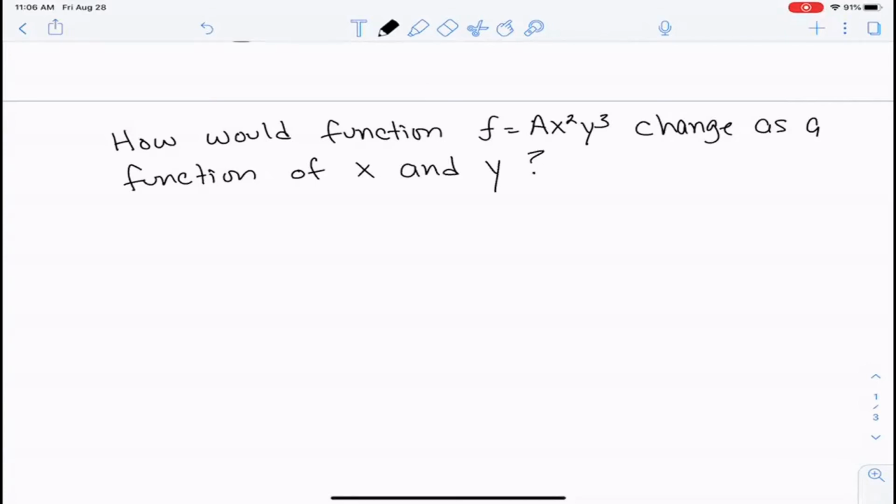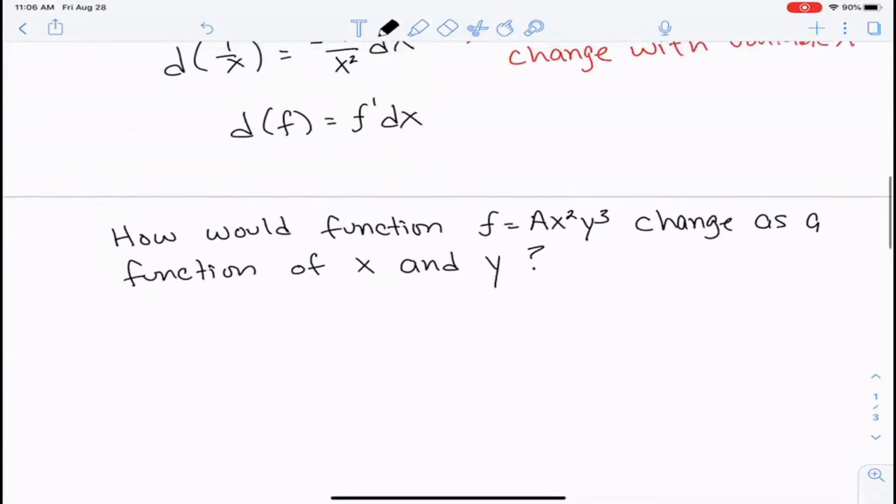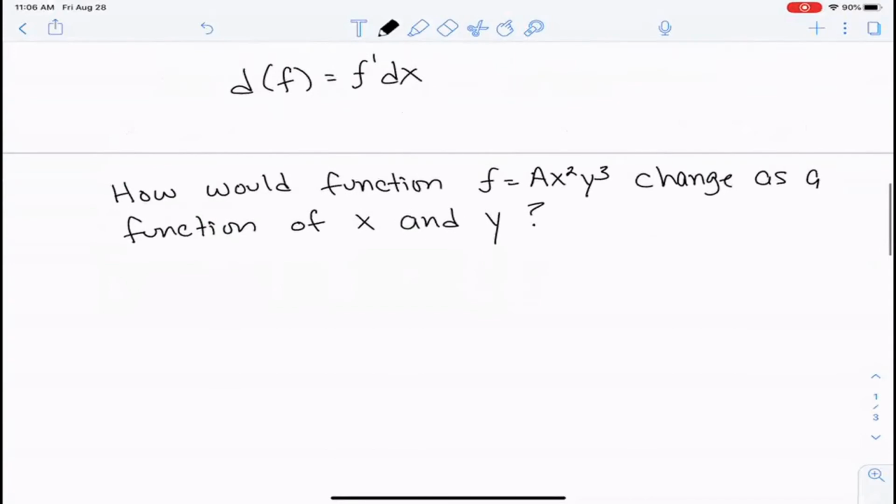So if we use maybe the previous example as a template, well, the total change of our function, remember, was just df. So we know that that's the change in f. And now we have to find a way to express that relative to changes in x and changes in y. So we know at some point here, we have to have the rate of change of x, or dx, and we have to have the rate of change of y, or dy, inside of the right-hand side of our equation.